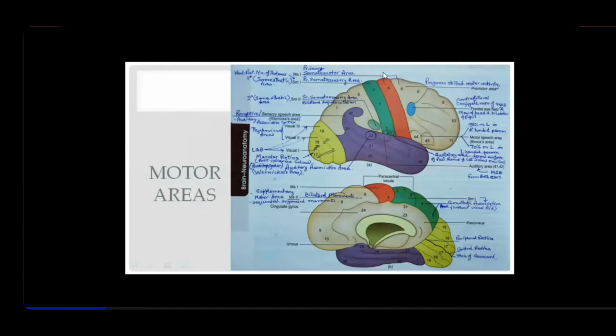This central sulcus is an example of a limiting sulcus, and it descends downwards and forward and reaches a little above the superior temporal gyrus. It is a limiting sulcus because it divides two different functional areas.